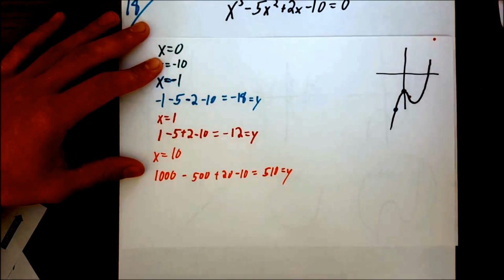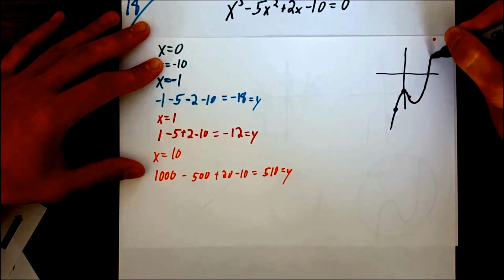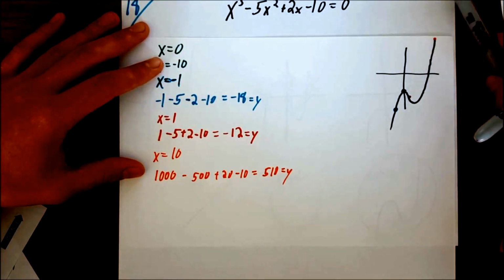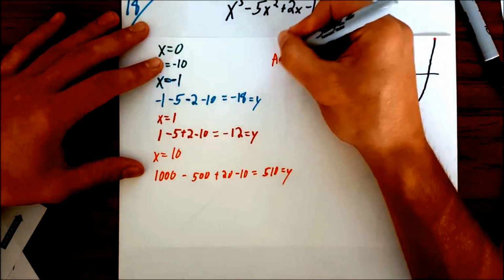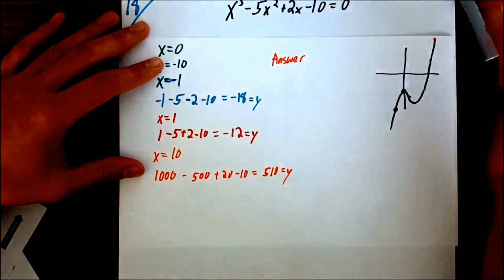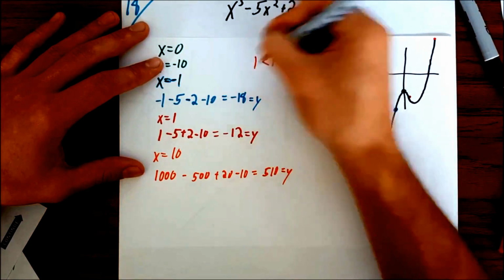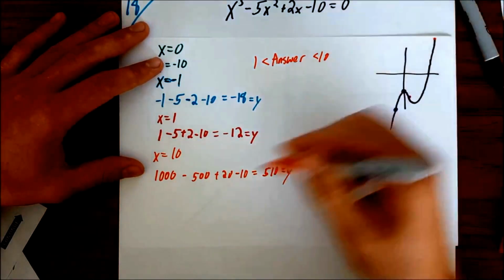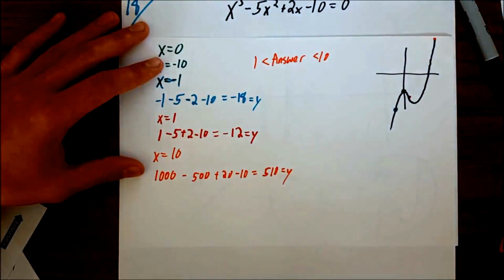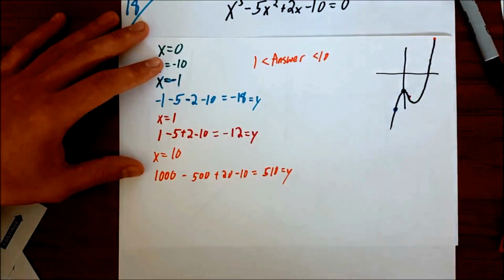It's really high. All right, so you know that your solution, so the answer, has to be greater than 1 and less than 10, all right? So let's try 5 maybe, okay? Run out of colors.